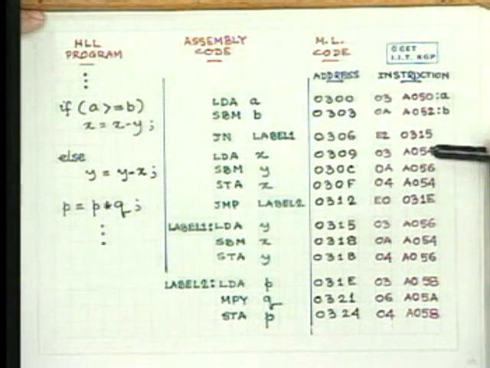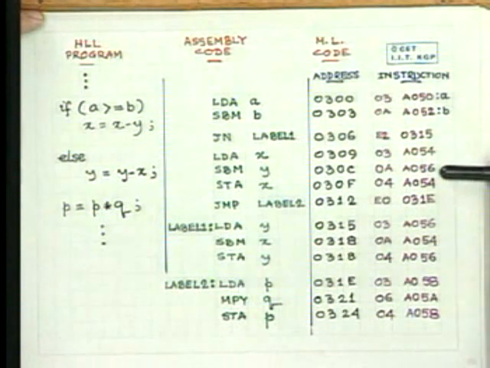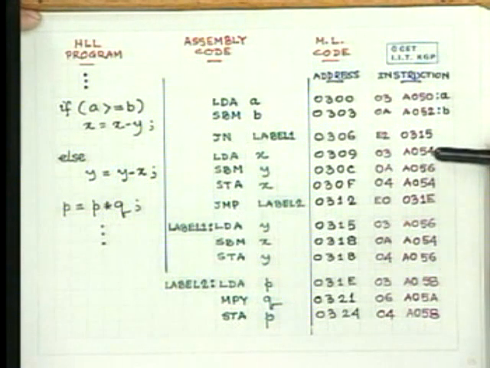But if the sign bit is 0, that means the result is non-negative, then the program counter already contains 0309, and that instruction will be executed. That way the branch instruction is executed.